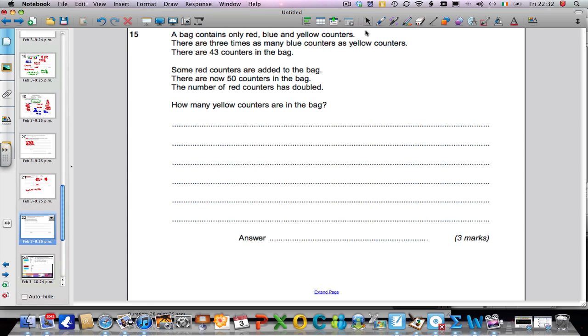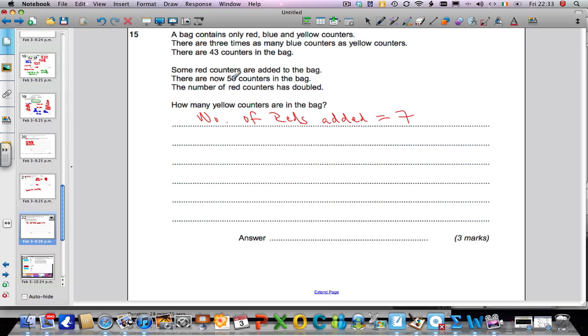So let's just write that down here. So originally we had 50 counters. That means the number of reds added was 9. Was equal, or sorry, not 7, was 9. No, it was 7, should I say. I'm confusing myself now. The number of red counters was 7, right?